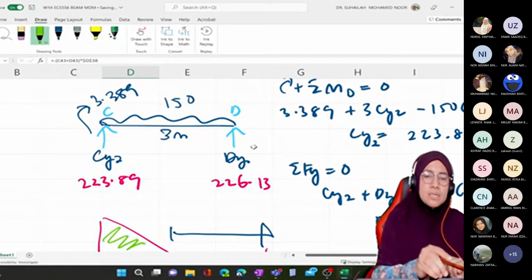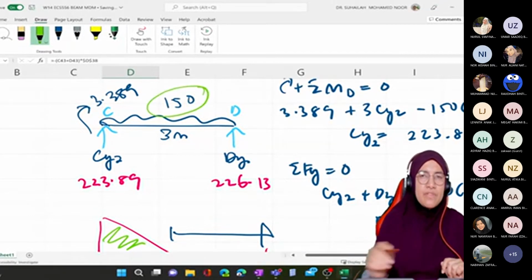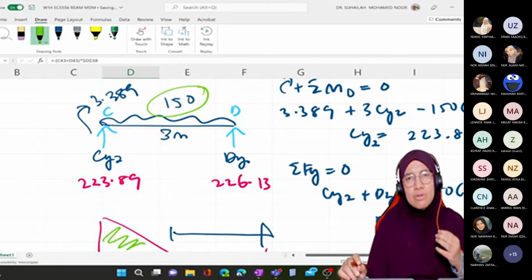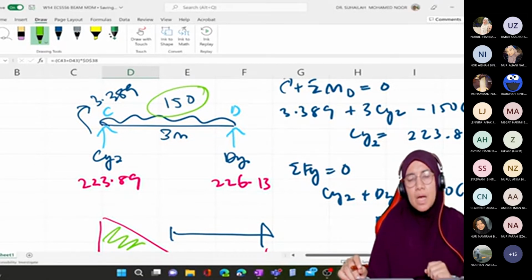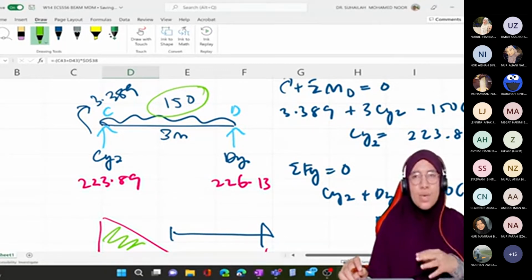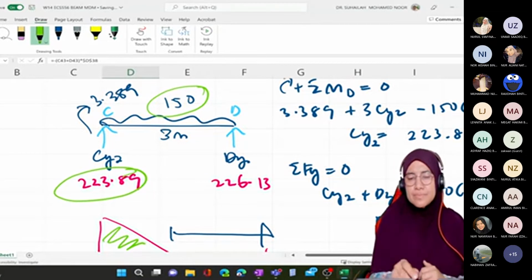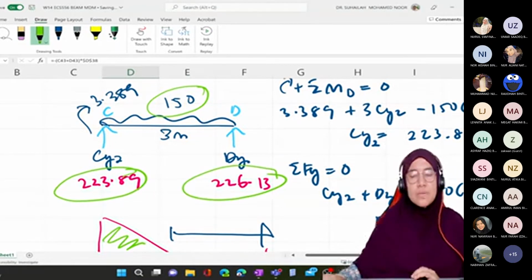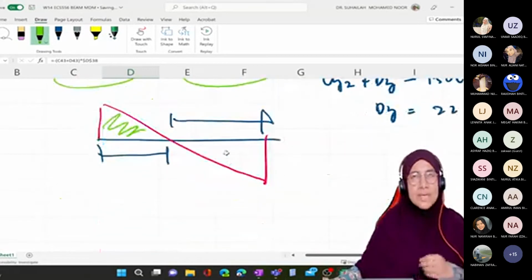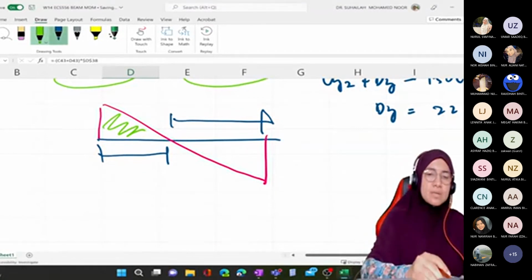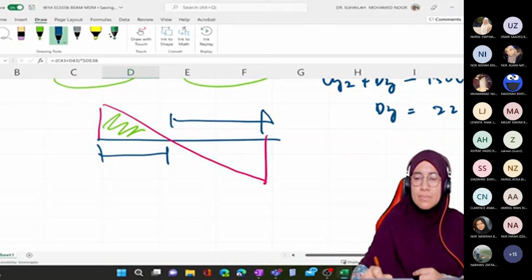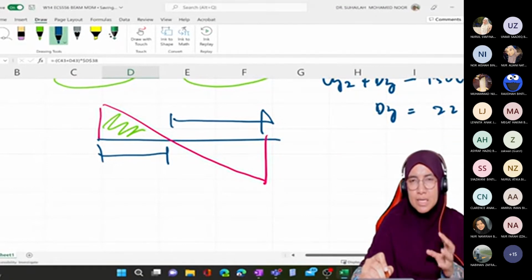So we have here 150 in unit kilonewton per meter, and we have shear value in unit kilonewton. What we want is the distance in unit meter.